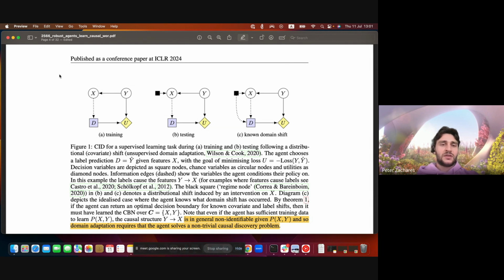That's what they're showing here: the utility that you gain, this yellow diamond, is affected by the decision you make and what the value y is. Say your decision could be whether this is a cat or not, and y is whether it's actually a cat or not. And your utility is whether it's correct or incorrect.